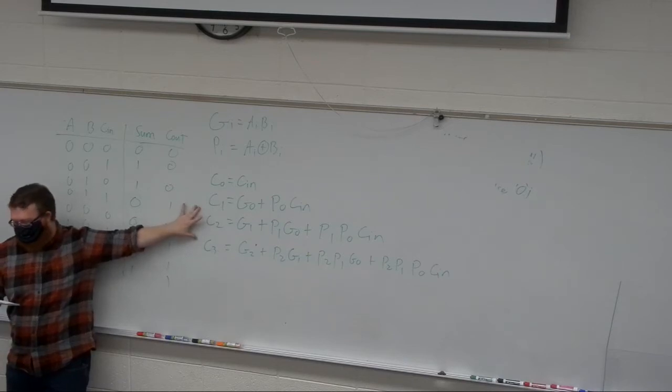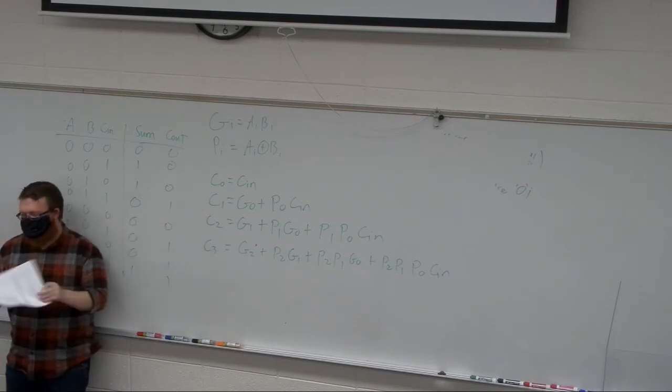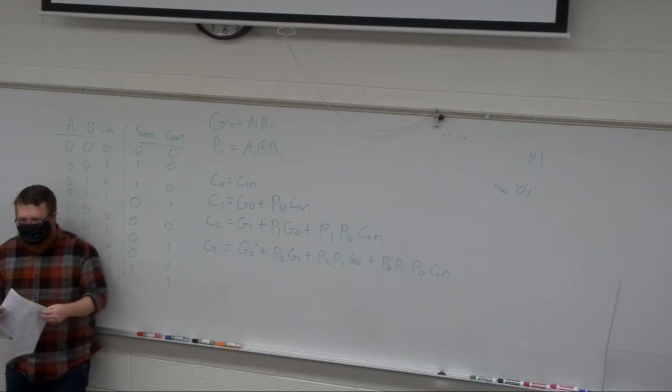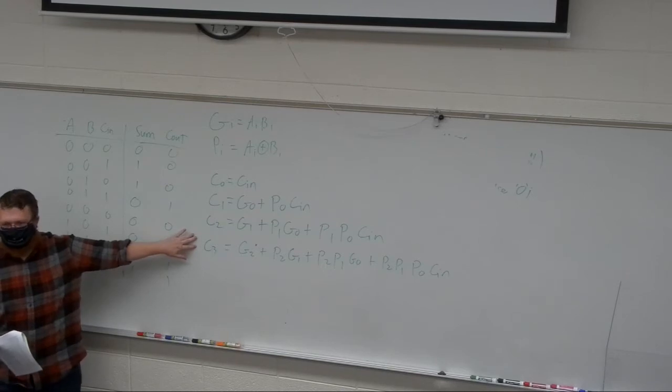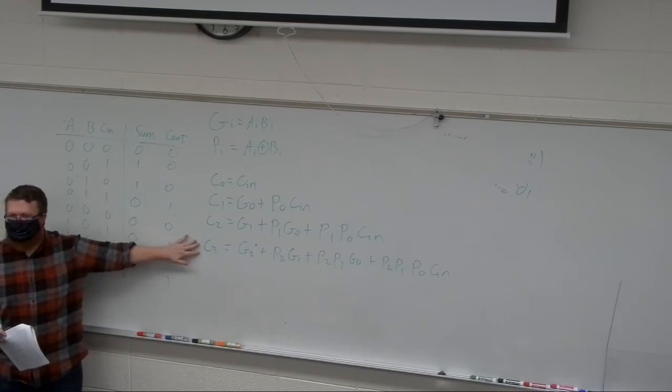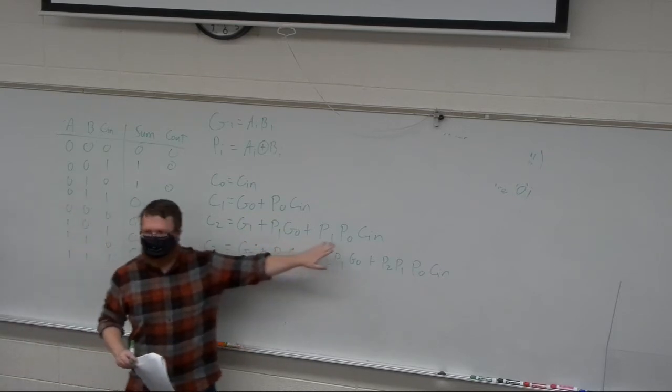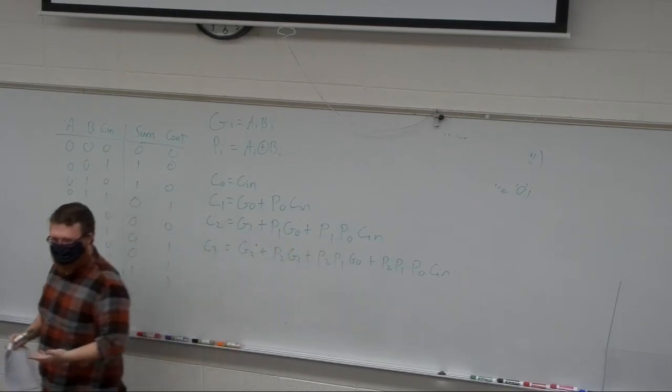But because of this, I can use the fact that I know ahead of time what my carries are going to be, right? As soon as I have my inputs, I can use these gates to calculate what my carries are going to be.